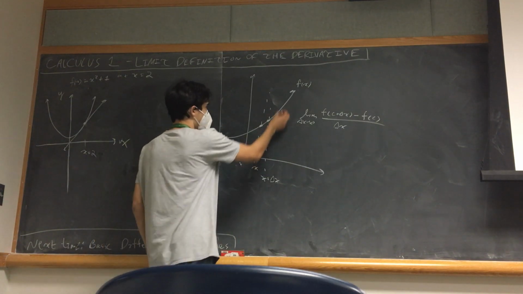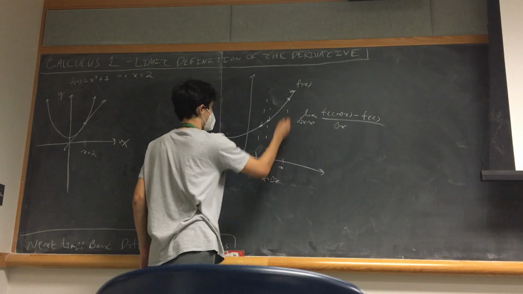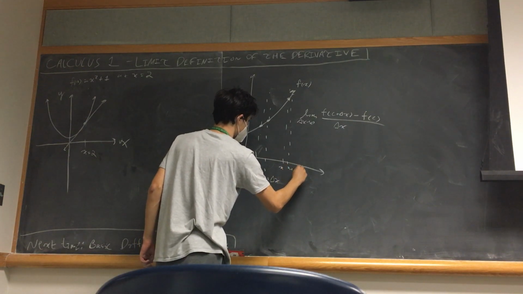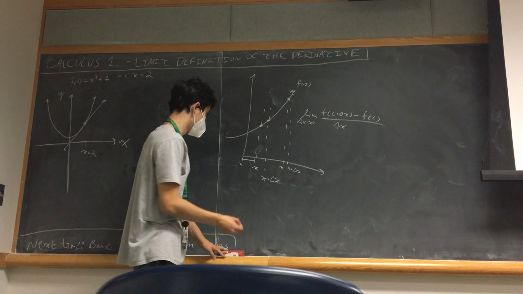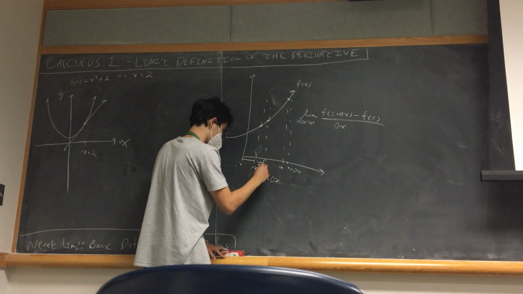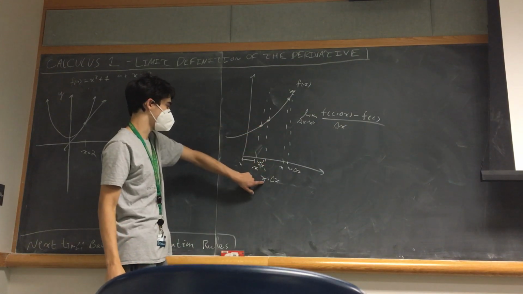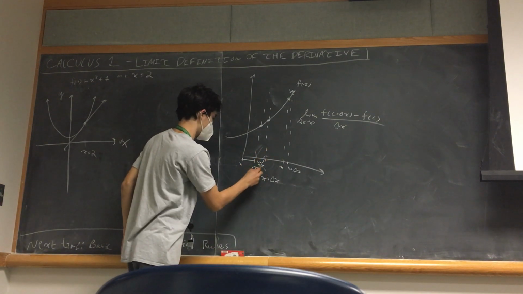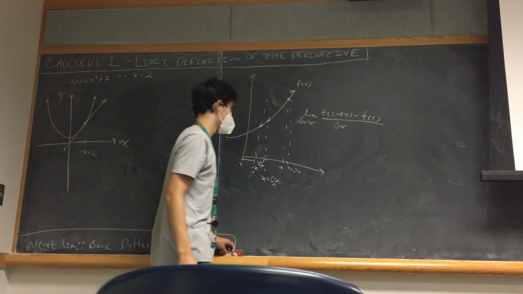So we could do it over for this point here as well. We could have this point be x, and we could have x plus delta x over here. So this spacing once again is delta x, meaning the x value here is our original x plus our delta x.